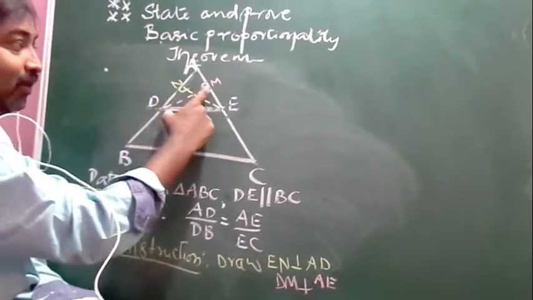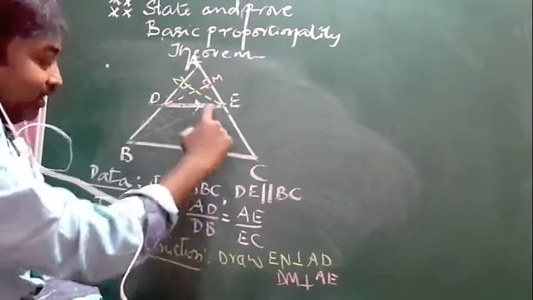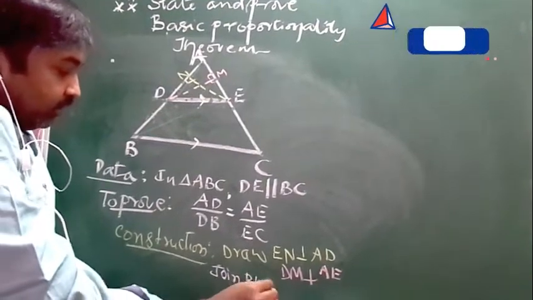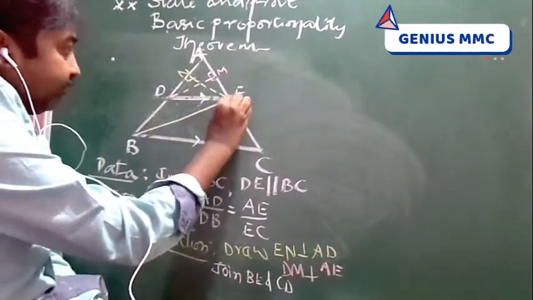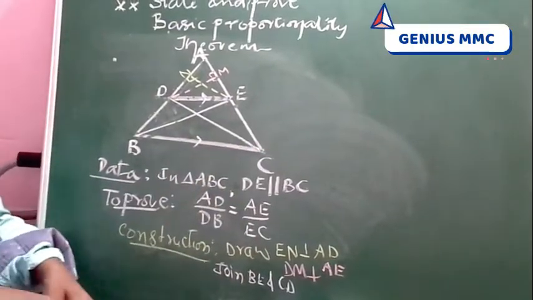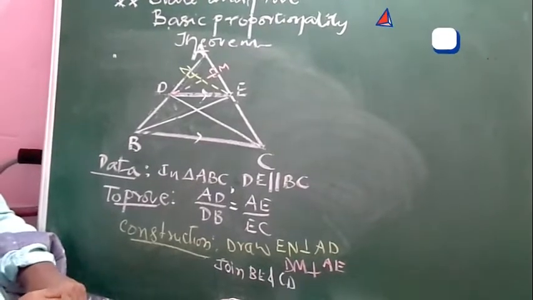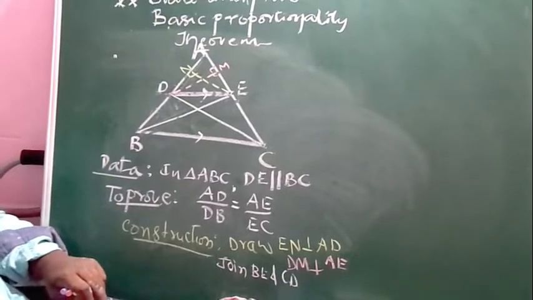These are the two perpendicular lines. And join B and E, and C and D. So this is the construction.